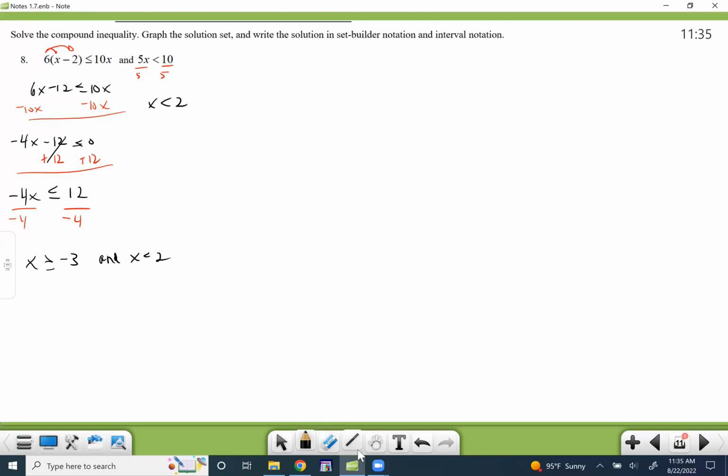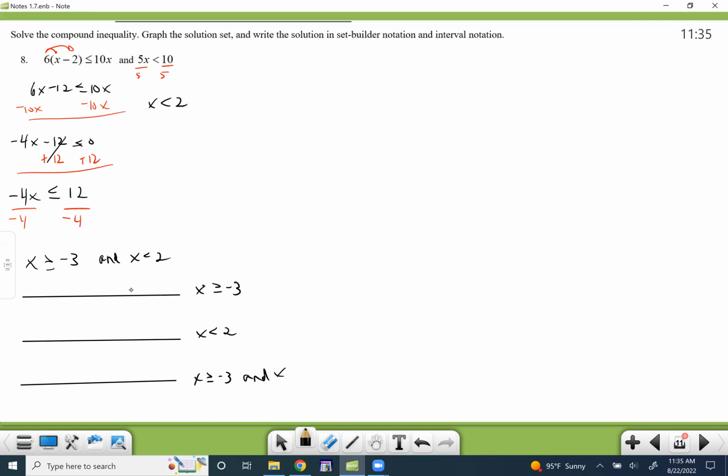All right, so I'm going to get my 3 going. 1, 2, 3. So first one's going to be the greater than or equal to -3. The second one is going to be the less than 2. And the third one is going to be the combination of the 2. X is greater than or equal to -3. And X is less than 2.